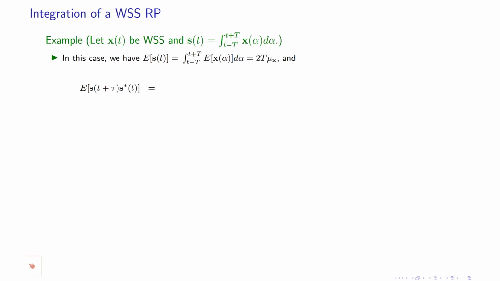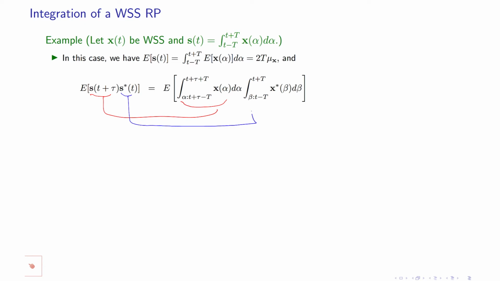Now, we also want to calculate the autocorrelation of s, say, between t plus tau and t. We don't know if it is wide sense stationary or not, but we'll prove that it is. So if I calculate this expected value, using the definition we have, this guy is equal to this integral, and this guy is equal to this integral.